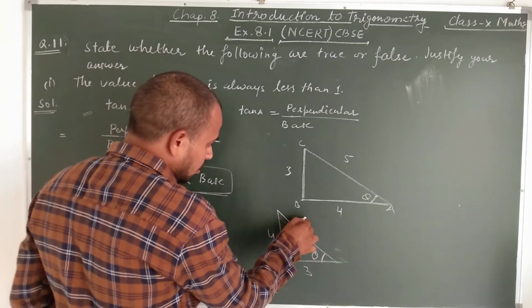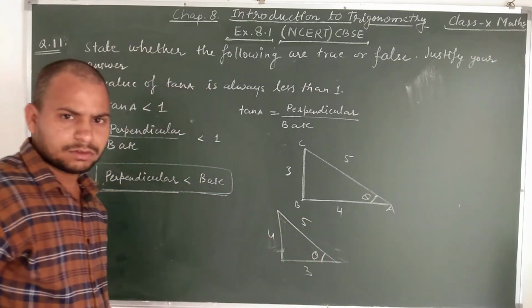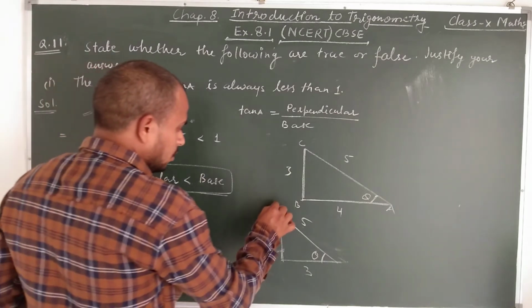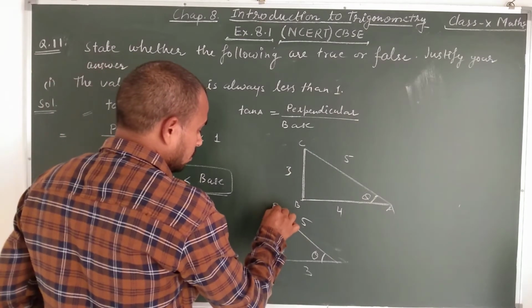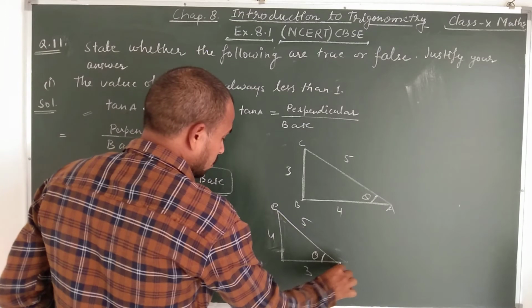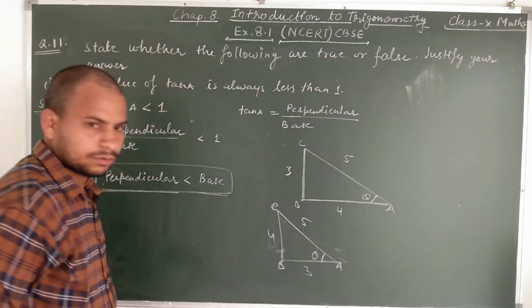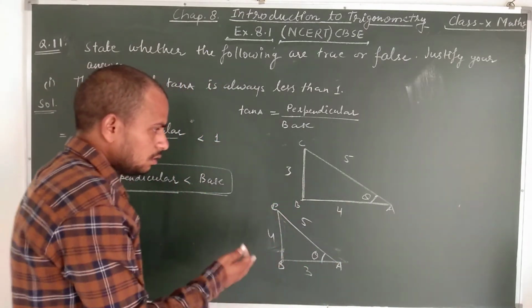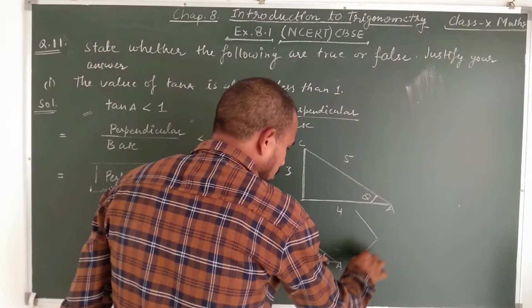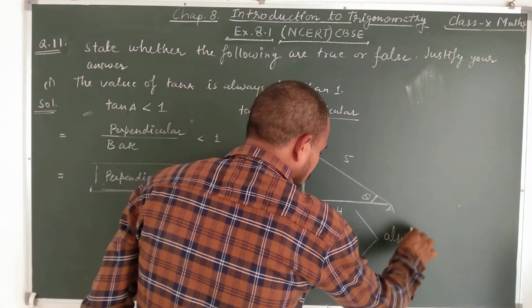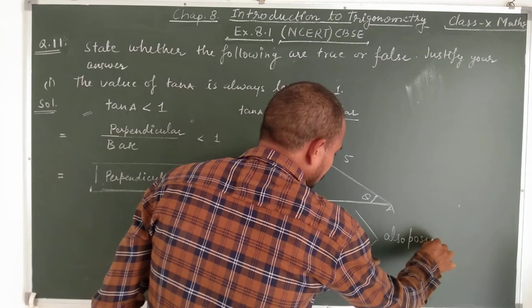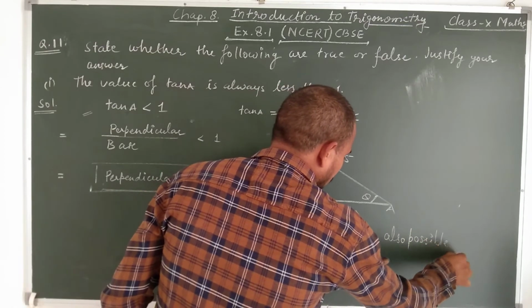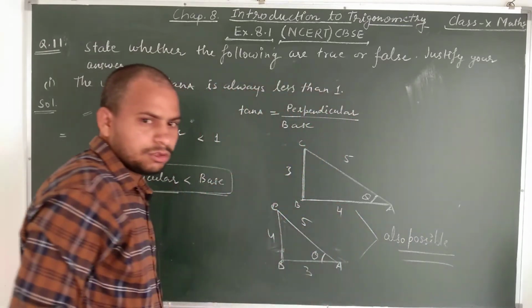So hypotenuse will remain the same, that is 5. So these two situations are also possible, very clearly. These two cases are also possible.